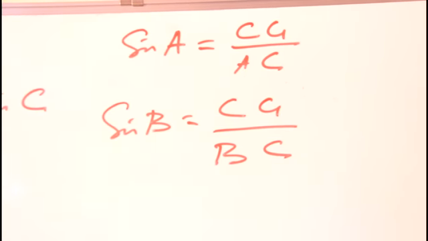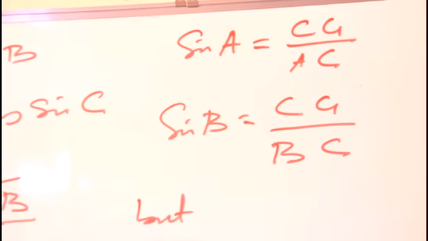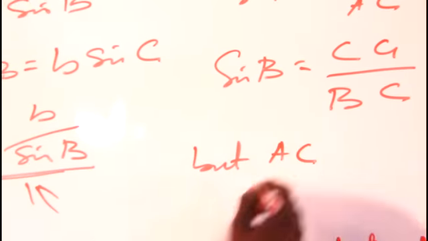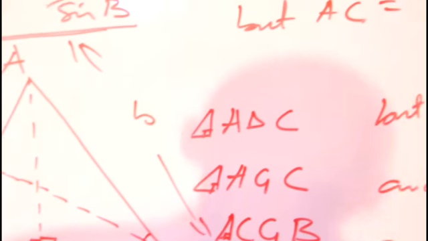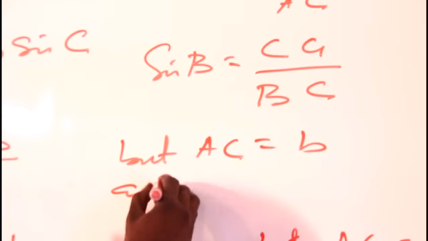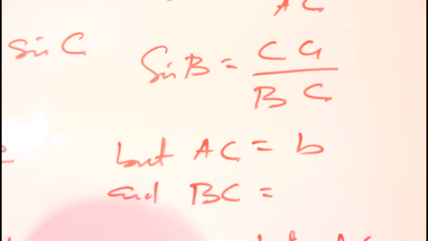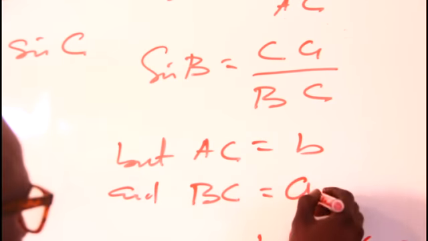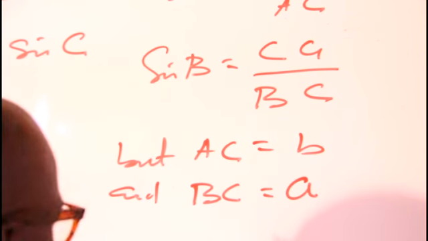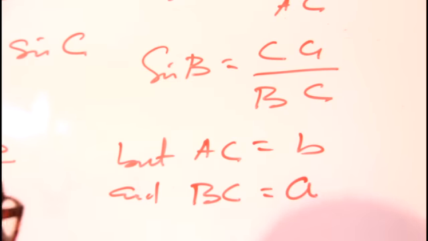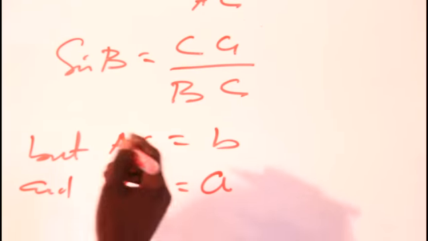Now AC is equal to b, and BC is equal to a.